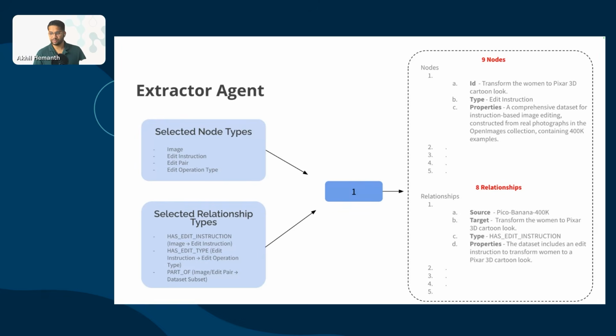It took the relationship, in this case the type has edit instruction, and it found the source, found the target, and found the properties. So essentially, we're creating entities and relationships based on what we want to find, based off our area of focus.